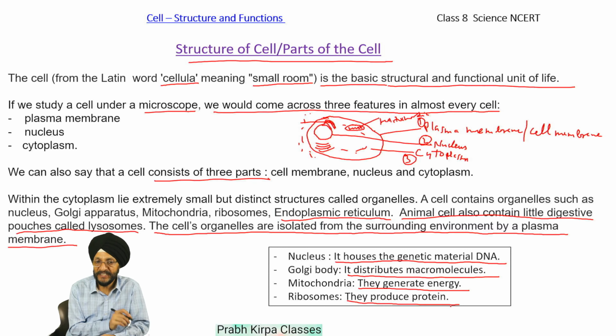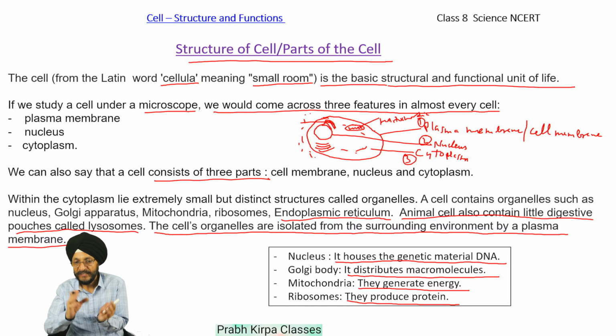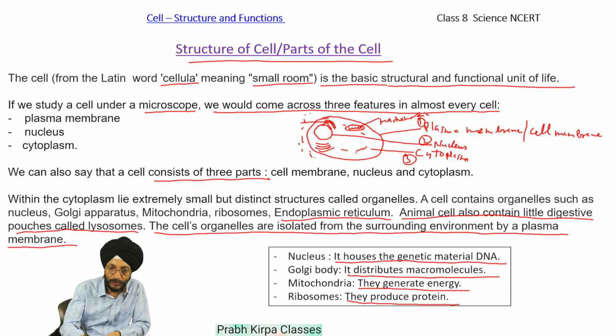So please observe that we have so far discussed that the cell normally consists of three parts: plasma membrane, nucleus, and cytoplasm, and there are many organelles present inside the cytoplasm, such as nucleus, mitochondria, Golgi apparatus, ribosomes, lysosomes, etc.